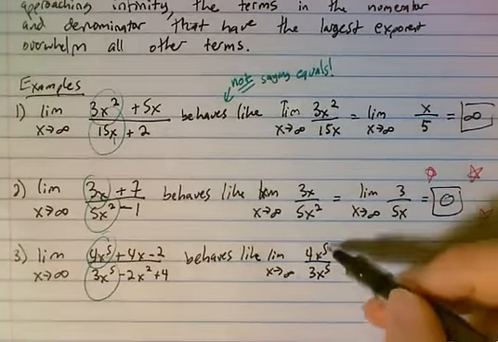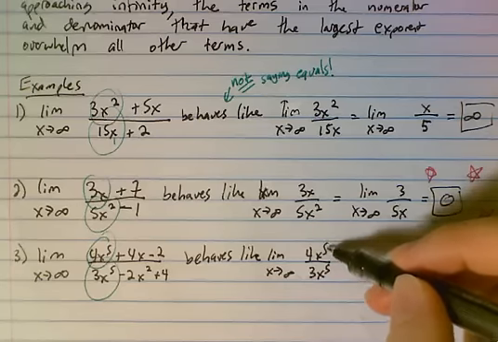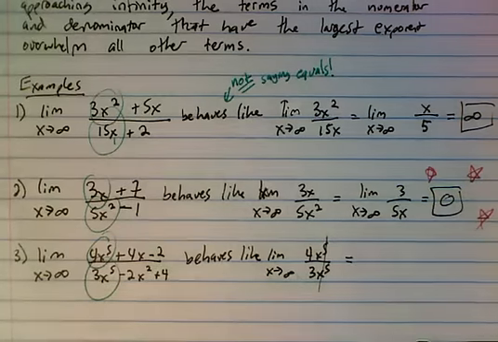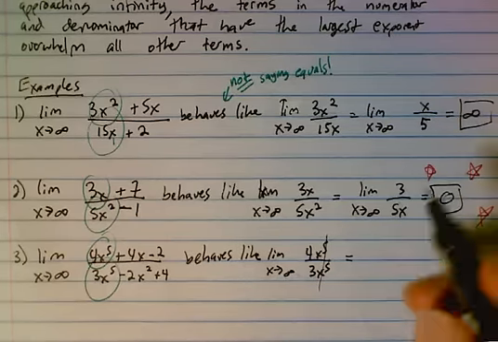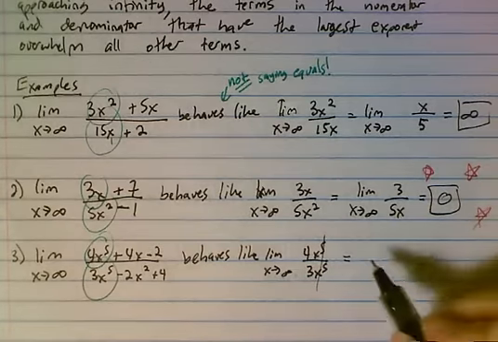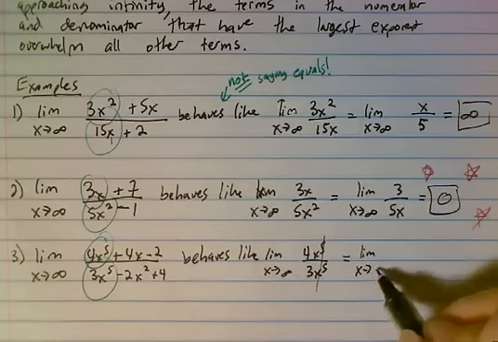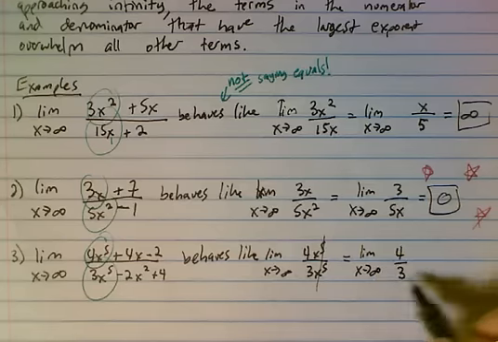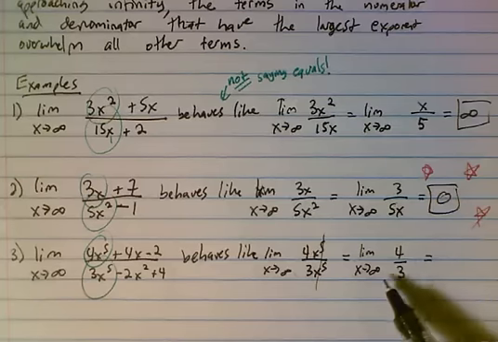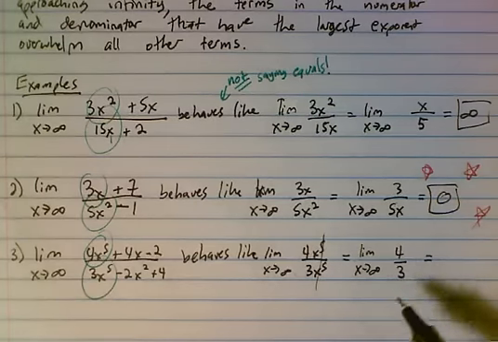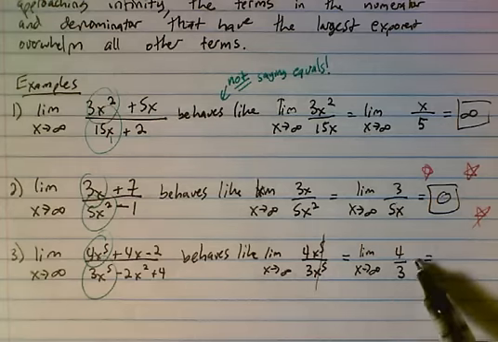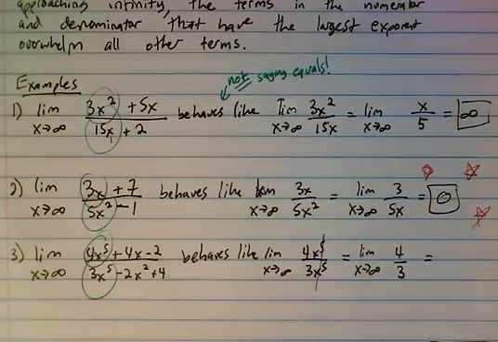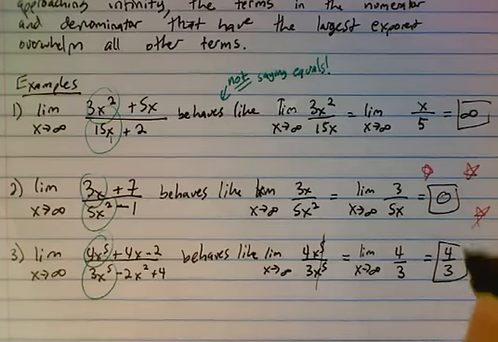Notice how in this case, x to the 5th and x to the 5th cancel out. Because no matter how big they are, they're always equal. And anything divided by itself is 1. It just always is, even if it's 10 million, quadrillion, billion. Now, when we go to put our large number in and see what happens, there is no x anymore. So, since we can't put this in, all that we have is 4/3. The limit is just 4/3.